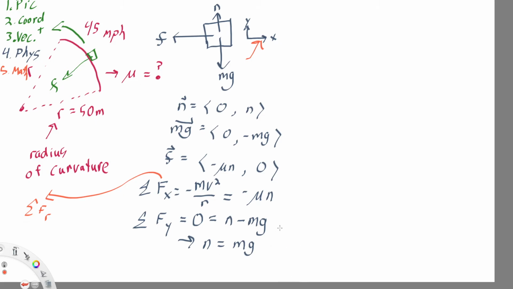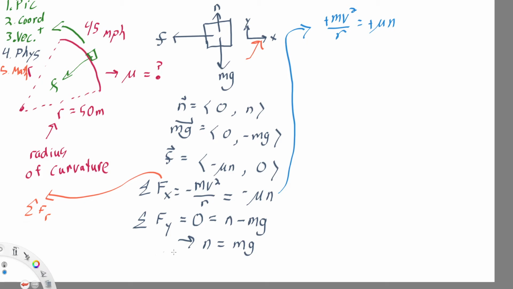Okay. So let's chew on this for a minute. So if we have mv squared over r on one side, mu n on the other, I'm going to go ahead and cancel the negative signs.